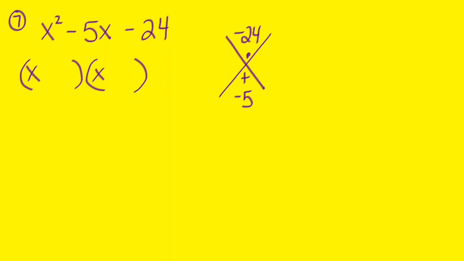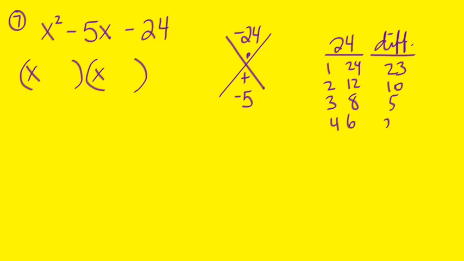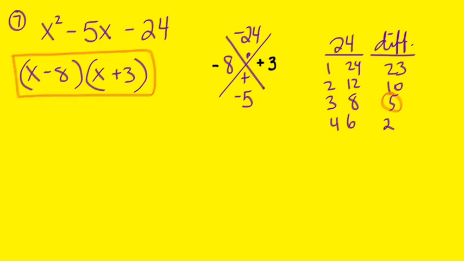But now we need the larger number to be negative to have the negative 5 when you add it together. And we look at the difference anytime we're dealing with negative on the multiplication. And we see that 3 and 8 have a difference of 5. Now this time I have to make sure that 8 is negative and the 3 is positive, so when I add them together, I end up with a negative 5.